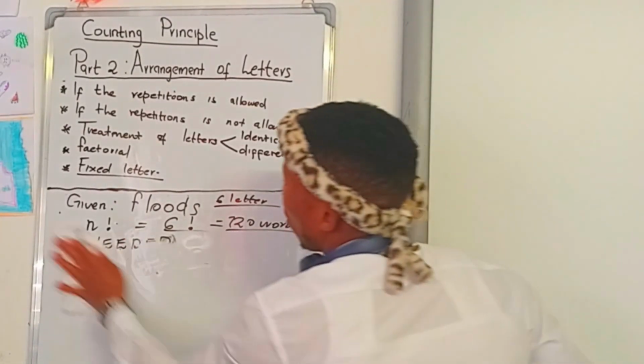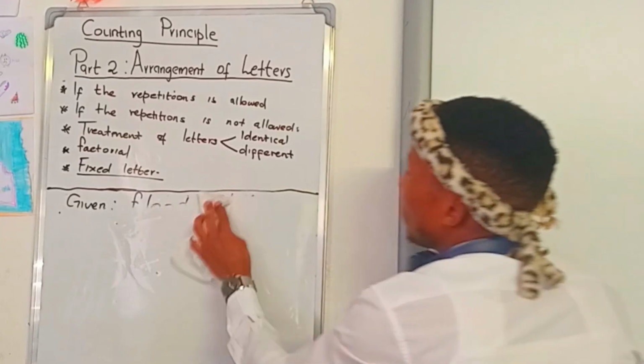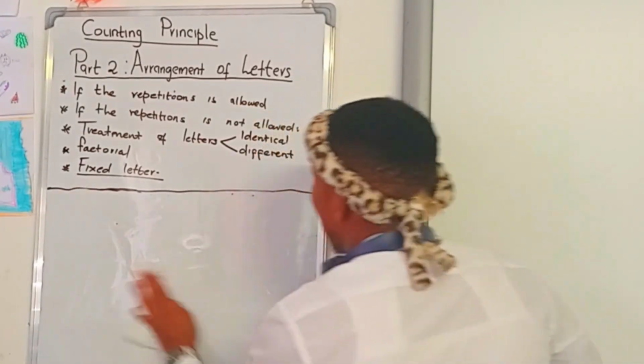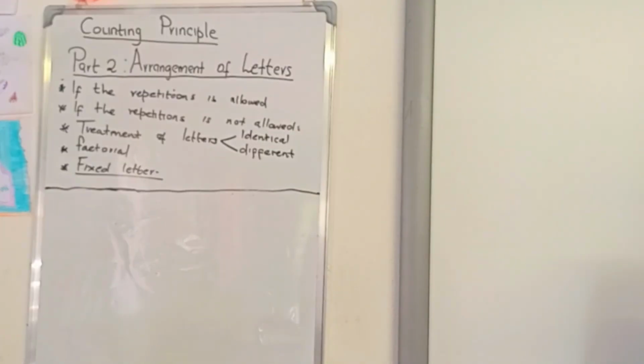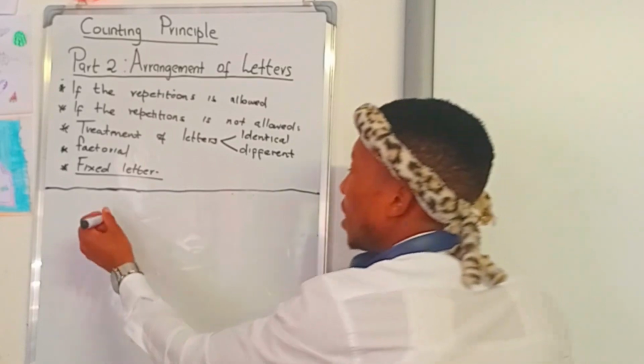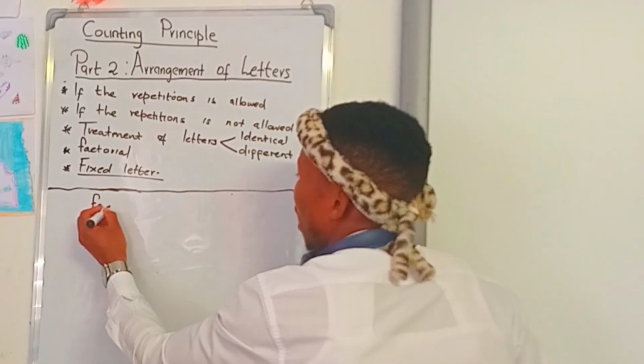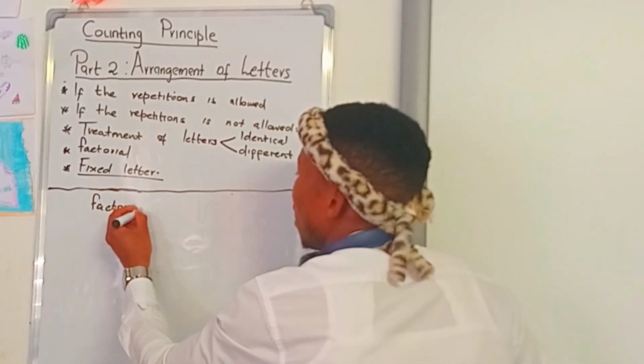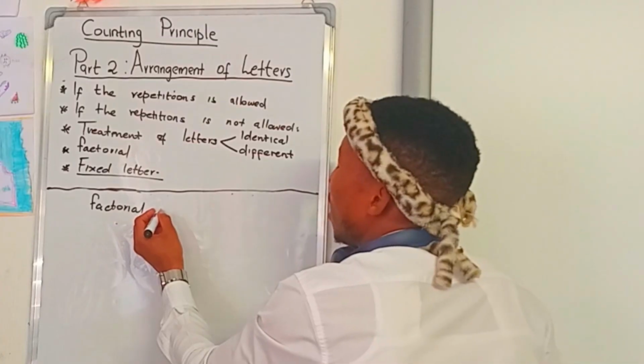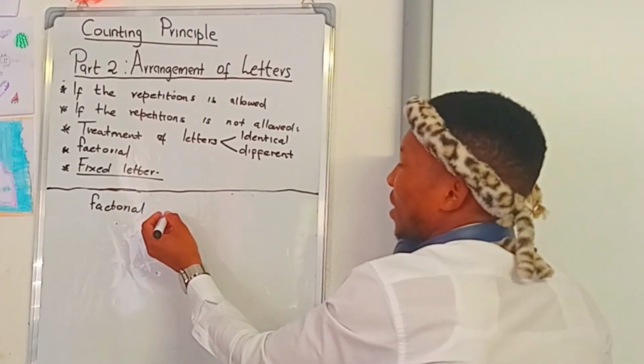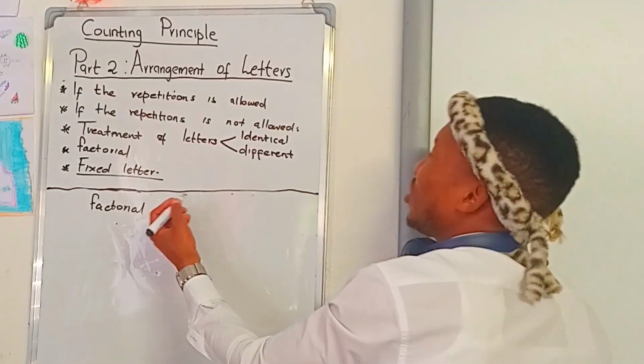Factorial is where we talk about the descending product of natural numbers. We normally say that's a factorial. A factorial is a sign that we use when repetition of numbers is not allowed.